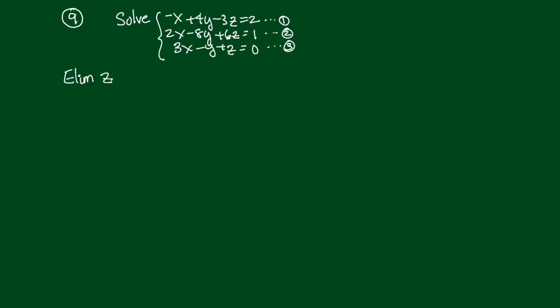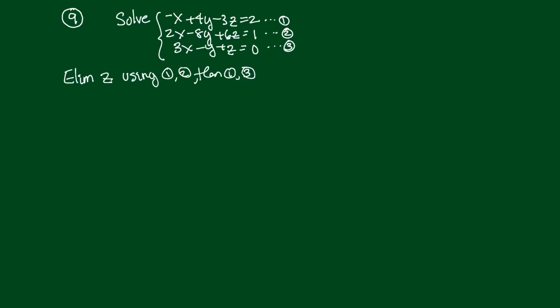Now I'm just picking z. You could just as easily go for y or x. I just happen to pick z. It's just the way I do it. So I'm going to eliminate z using equation 1 and equation 2, then equation 1 and equation 3.